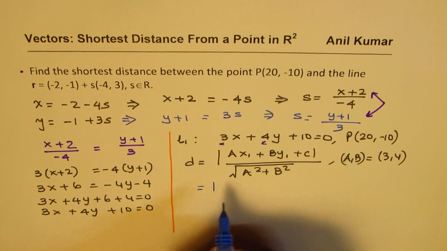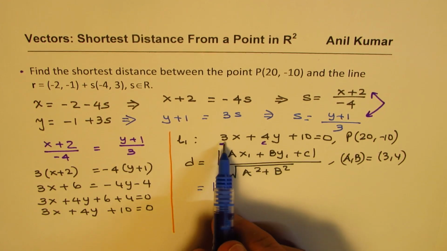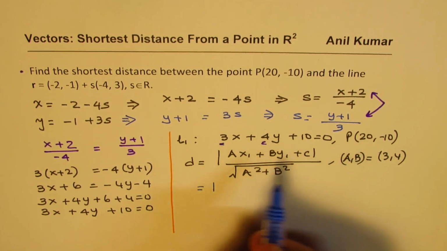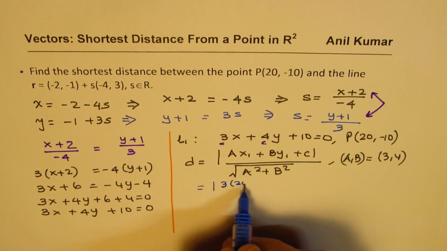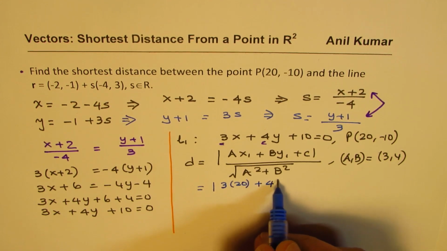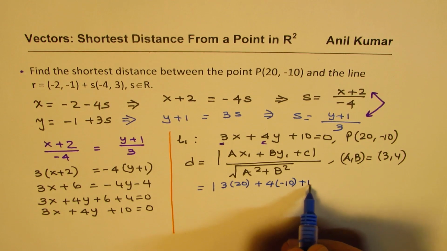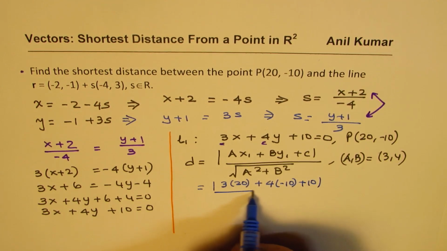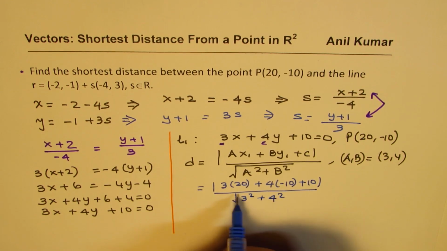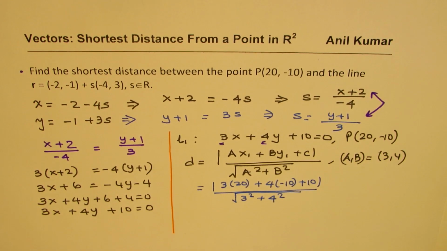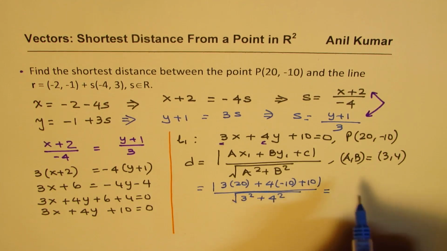So what we get here is, so a is 3 and x is 20. So we get 3 times 20 plus 4 times minus 10 plus 10, absolute value, divided by square root of 3 square plus 4 square. Correct? So this is equal to what? 60.